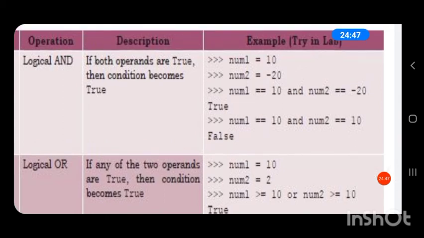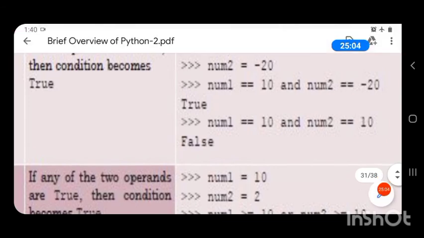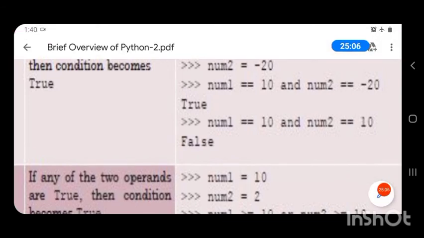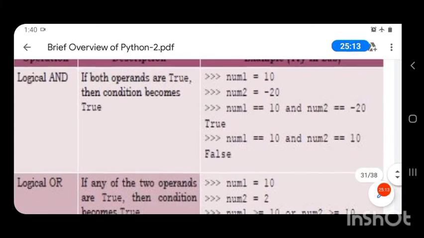So num1 is 10. It is true. So the interpreter will go to the next condition. It will check the next condition. So num2 equal to 10. So this condition is false. Even though the first condition is true, the second condition is false. So for the AND operator, the first and the second should be true, but the second is false, so the AND operator will return false.